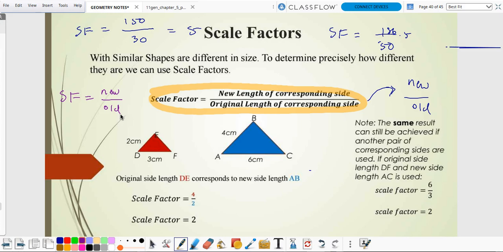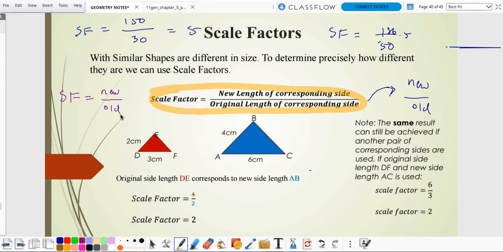All you have to do to find the scale factor is look at the corresponding sides. So this side corresponds with this one. The scale factor would be 4 divided by the old length, which is 2. So the scale factor there is 4 divided by 2, which is 2.